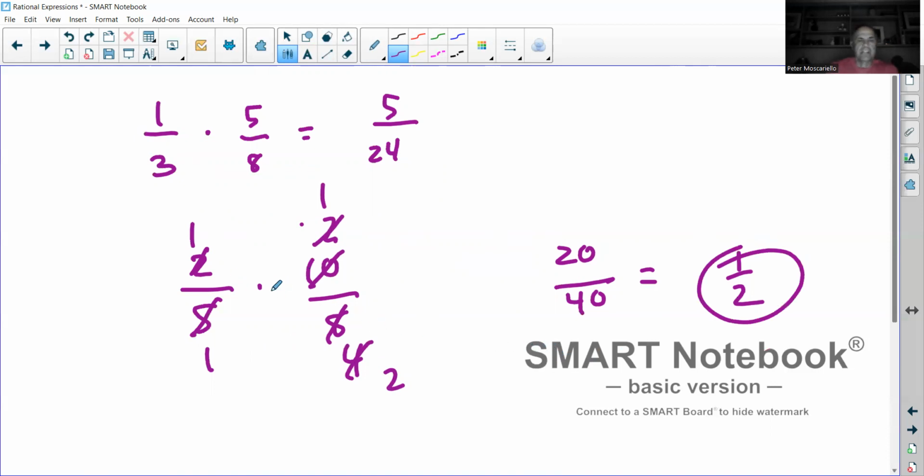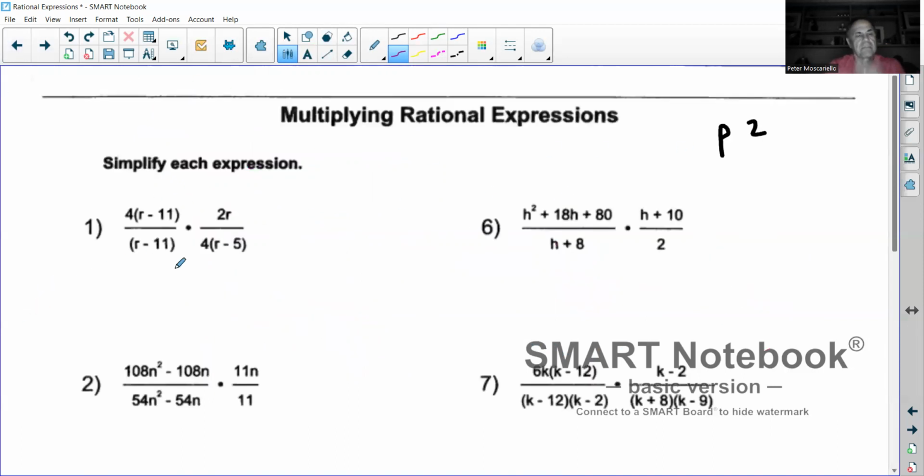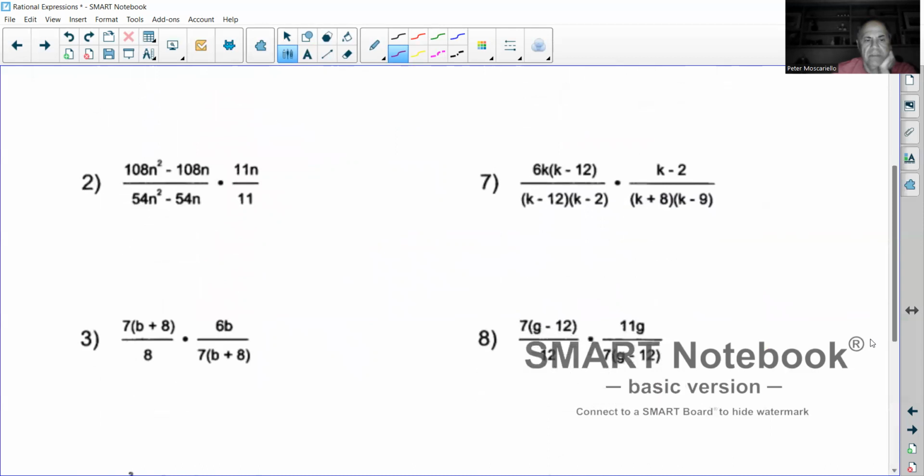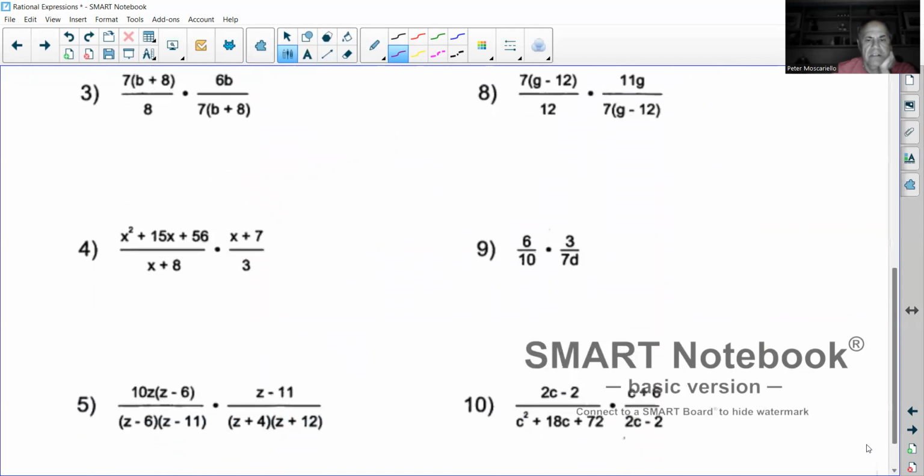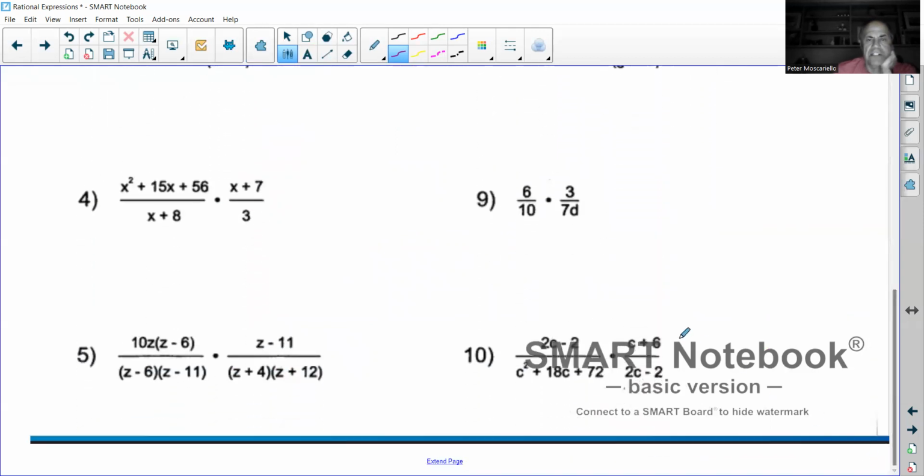So you can pre-cancel. It's not cross-multiplying, it's kind of cross-canceling. It's not even cross-canceling because you can cancel the same up and down. It's just canceling and then multiply the results. So same thing happens on ones like number 1. Is there an easy one here? Yeah, let's go with number 9. I don't know why they start with the tougher ones.